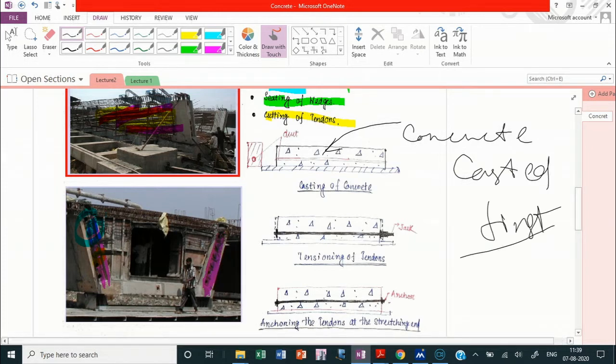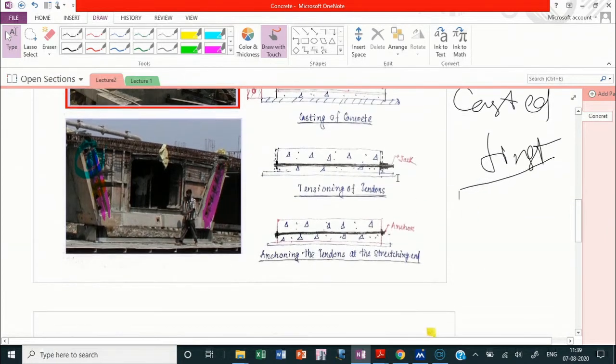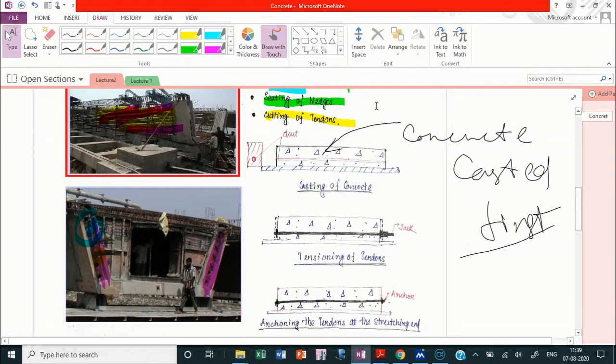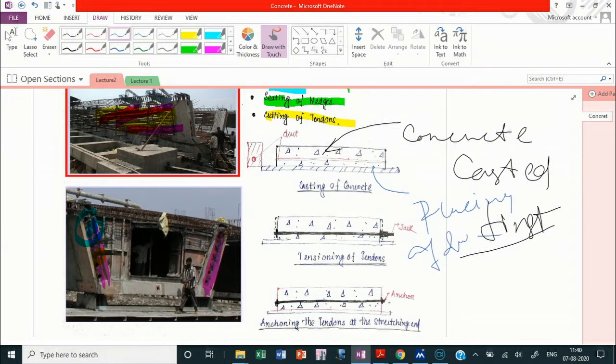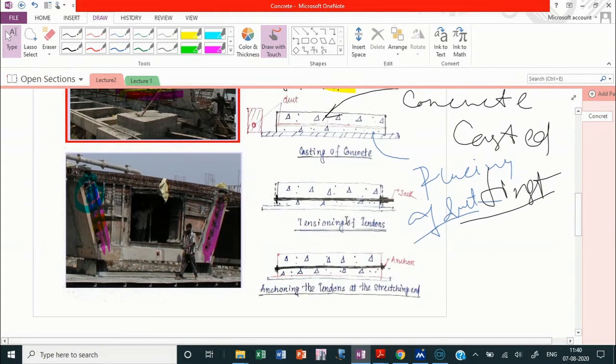Casting of concrete is your first step. Second, after casting, you need to ensure the placing of ducts. Then after the placing of ducts, the placing of tendons inside the ducts. Then comes the preparation of tensioning the tendons.